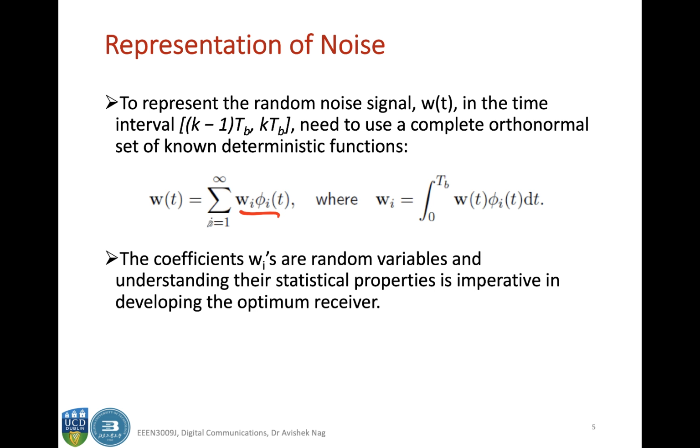You can write the random process of the noise W(t) as a sum of these phi i(t)'s with some coefficients wi, and these wi's are calculated like this. These are random variables, and they follow the same statistical properties of the random process W(t).